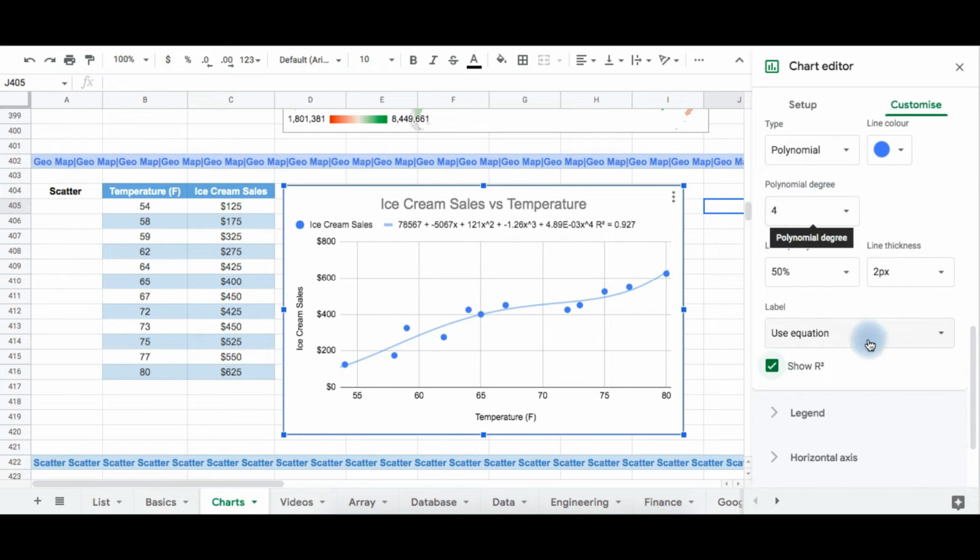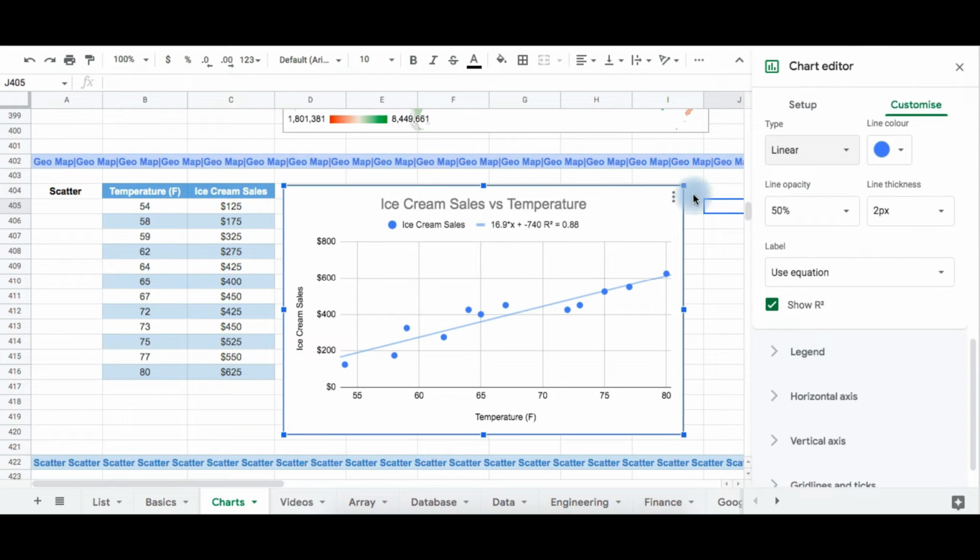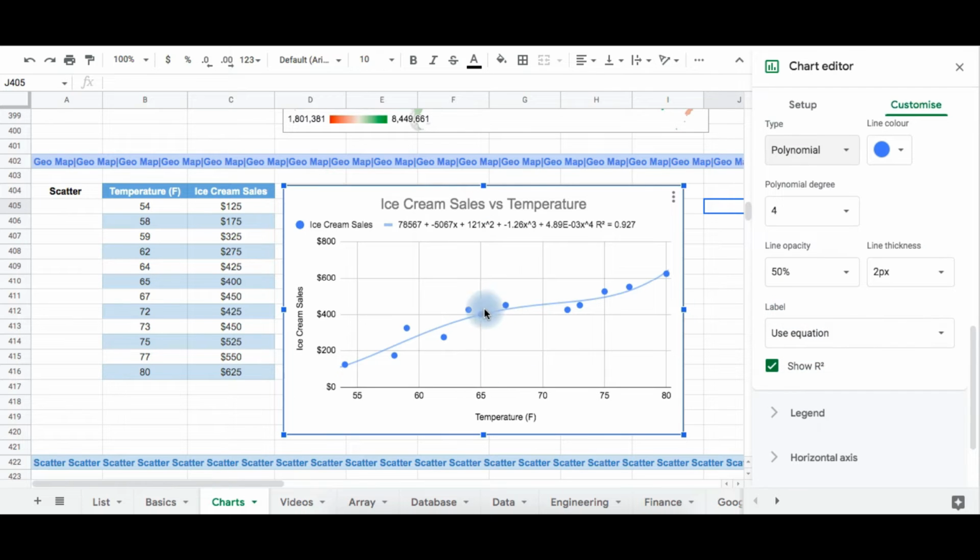And to show you the relationship, if I change this to linear, this is the equation, and you will see the fit is further away. It's 88% now versus the 92% we had before. So the polynomial is a better fit. This is just for your information. You can do this as well.